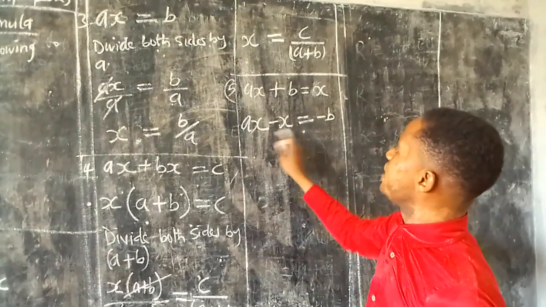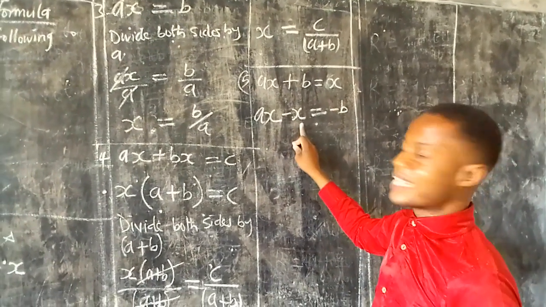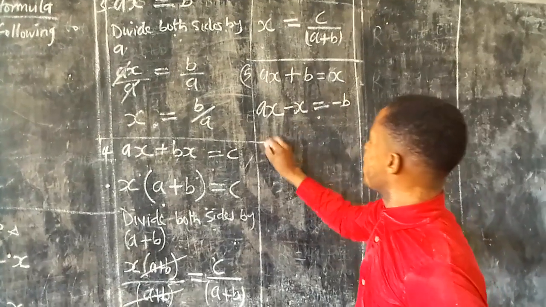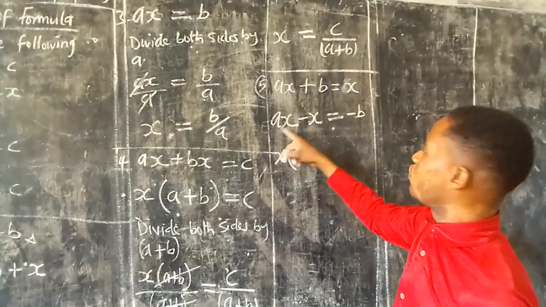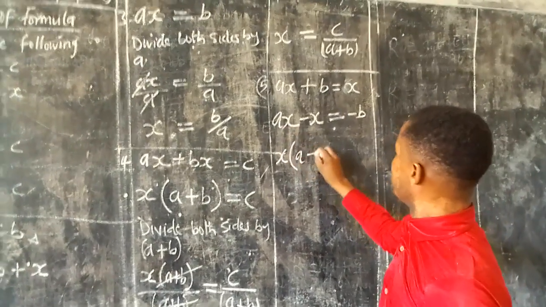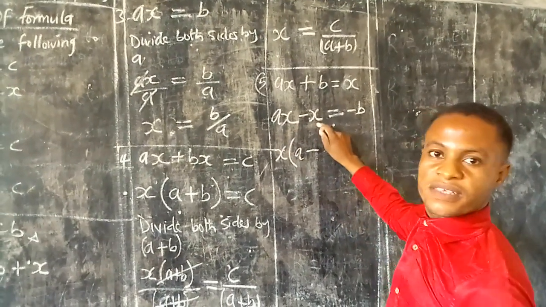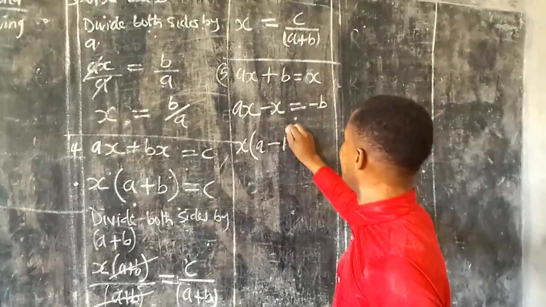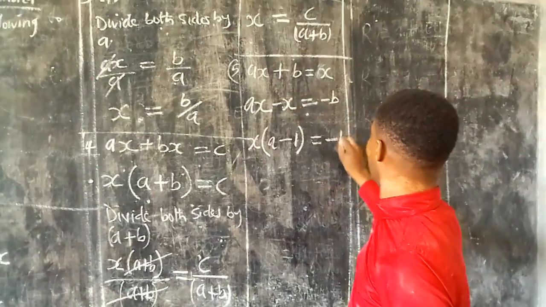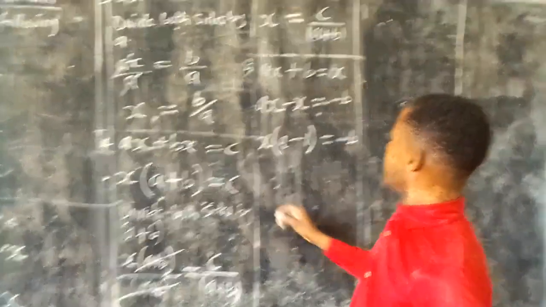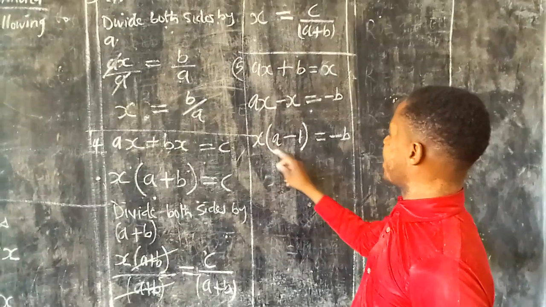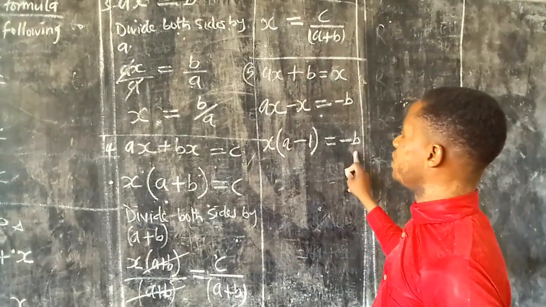So what is common here? What is common here is x. So we have x. x into x, what remains is what? a. So x divided by x, what we have remaining is 1 equals minus b. So here we have x bracket a minus 1 equals minus b.